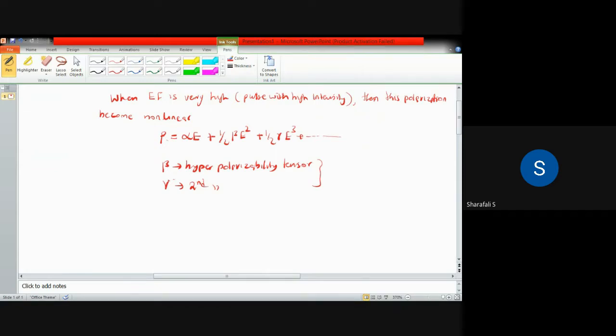And in this P, we can also replace alpha E, beta E square, and all those terms with the susceptibility, the chi term.